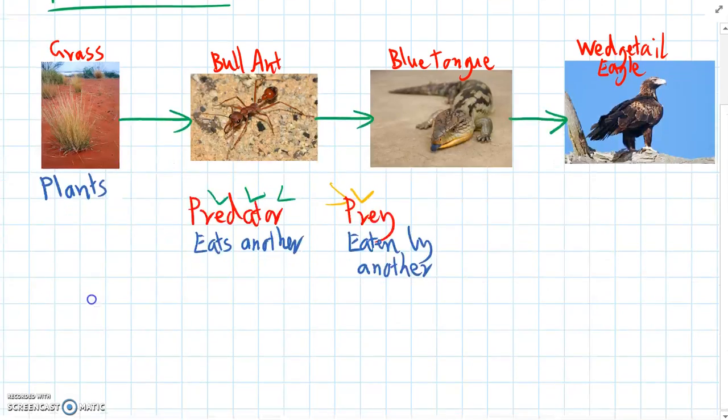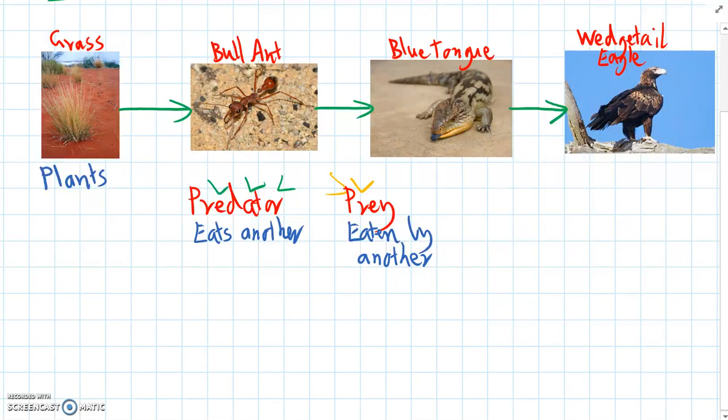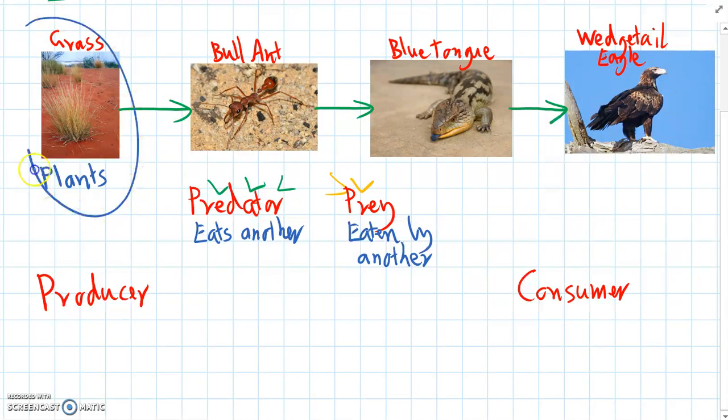The next two ideas are producer and consumer. And every plant is a producer, as well as other things like algae.